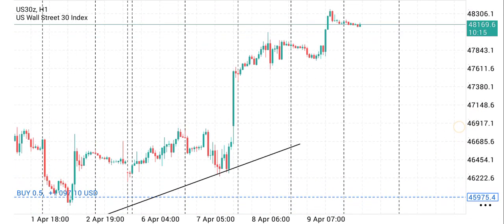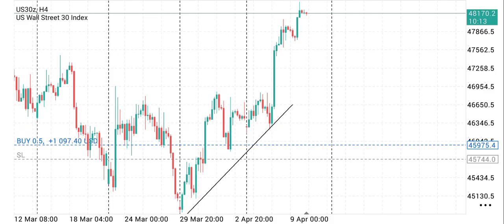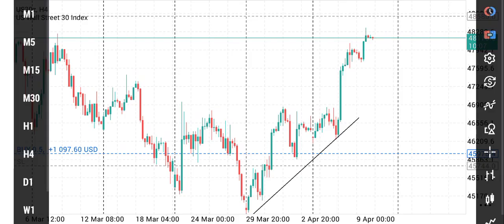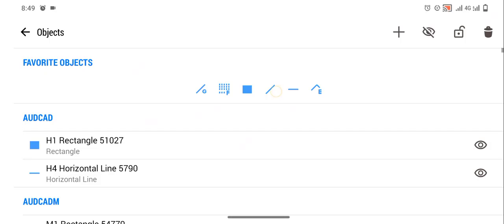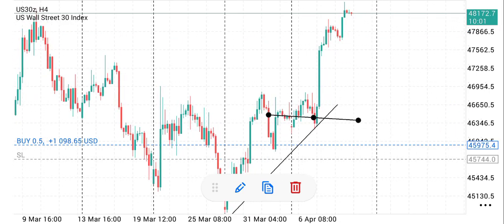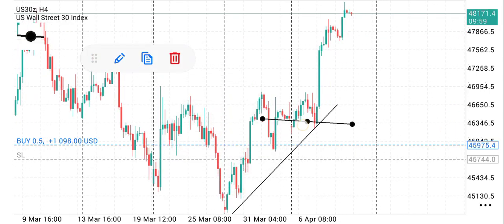So time frame doesn't really matter. If you go to the 4-hour time frame and analyze very well, you will still have the same POI. All right, okay, let me check. So this is the 4-hour time frame.